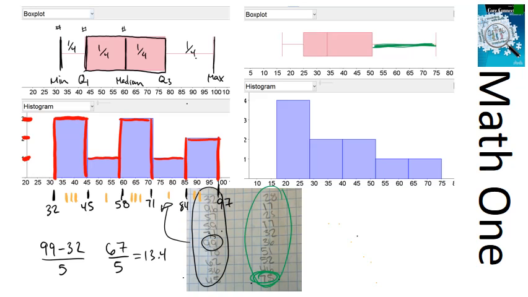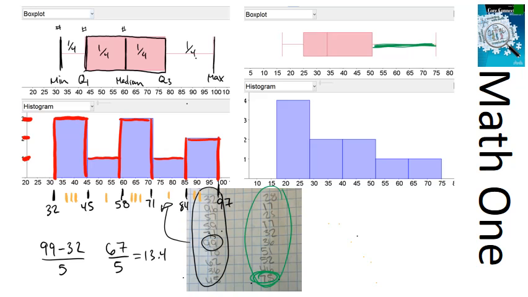I would probably start at 32 for my min, and then I would add like 13 to that. So if I add 13 to the 32, that gets me to about 45. And then if I add 13 to that, I'm at about 58.